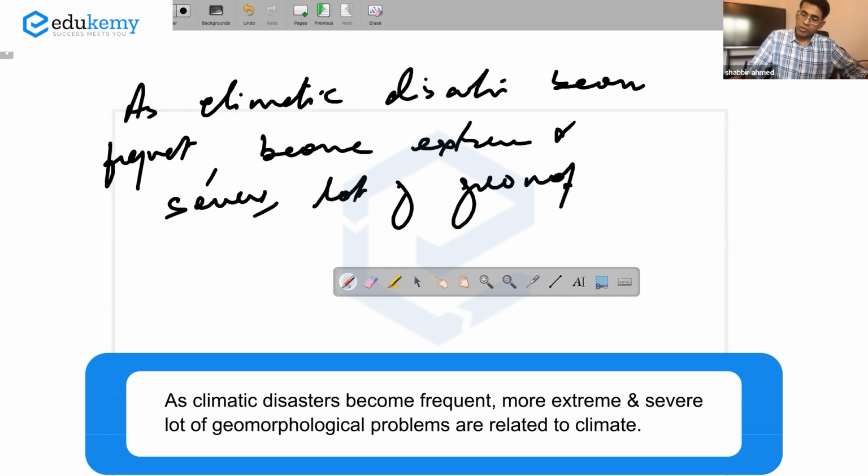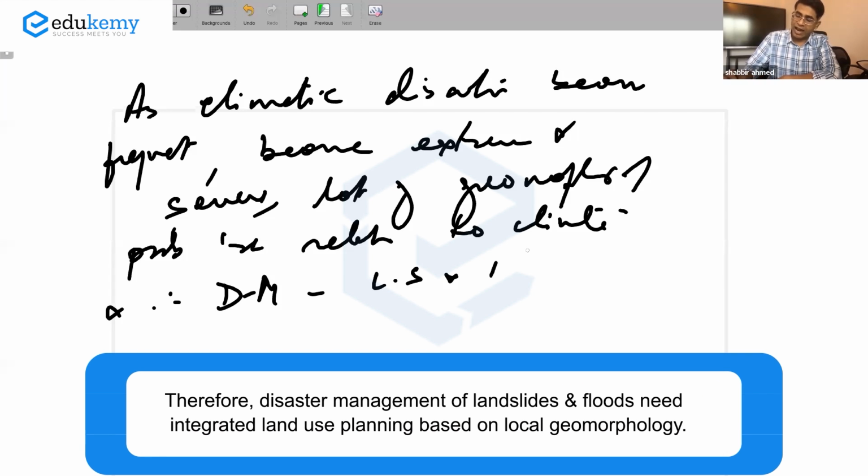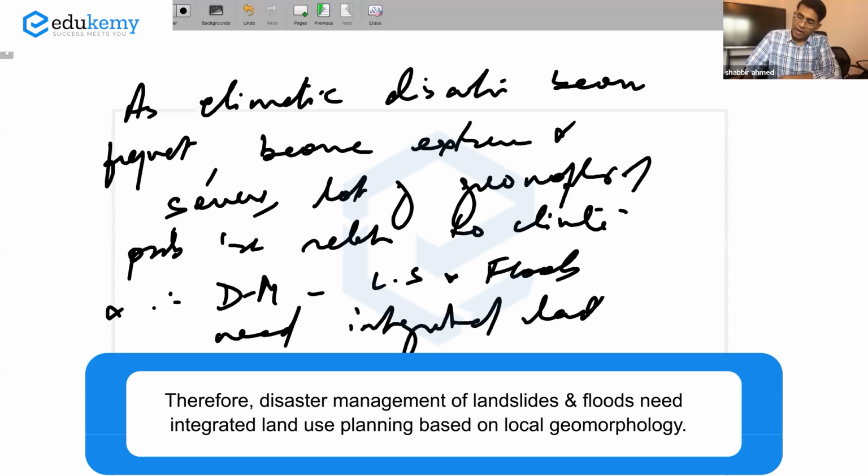A lot of geomorphological problems are related to climate, and therefore disaster management of landslides and floods needs integrated land use planning based on local geomorphology.